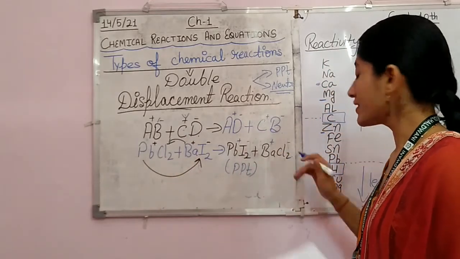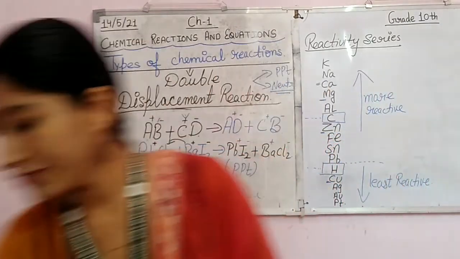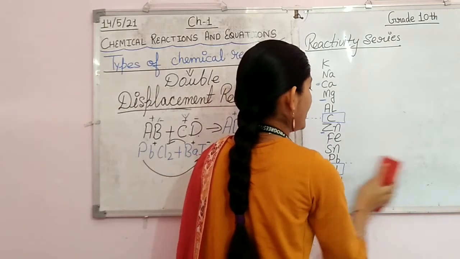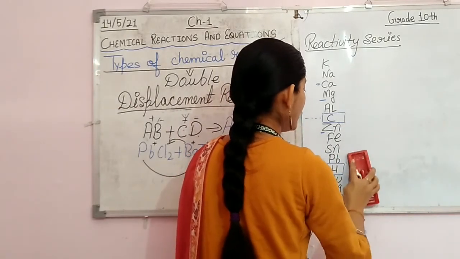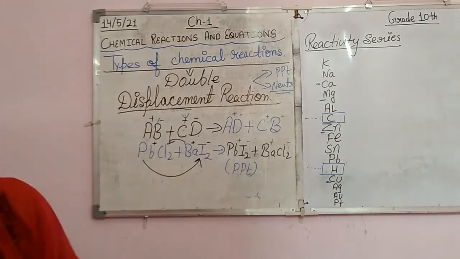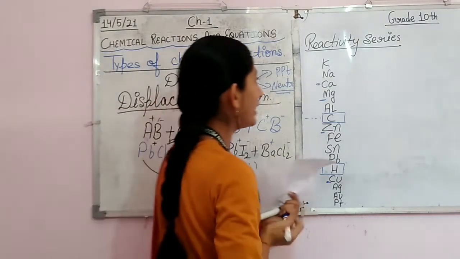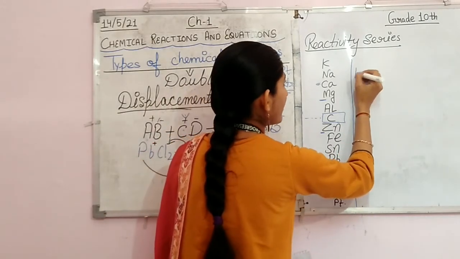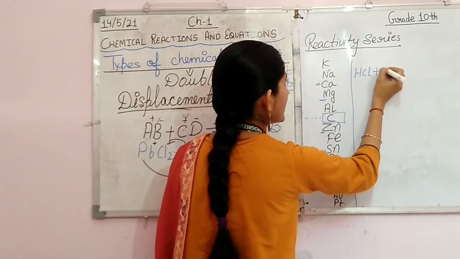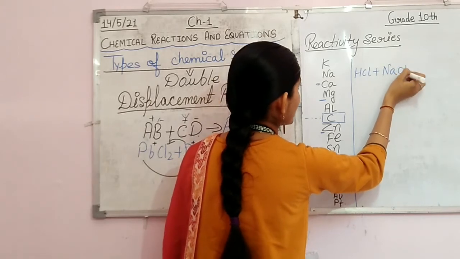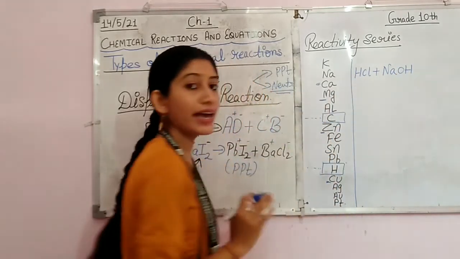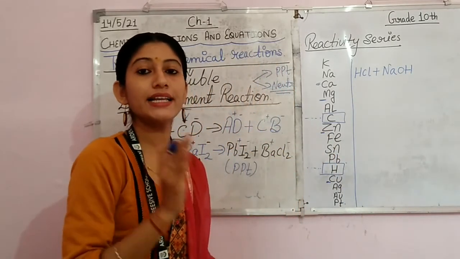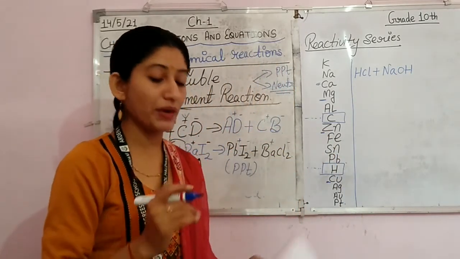In the same way, suppose I have taken hydrogen chloride and sodium hydroxide, HCl plus NaOH. HCl is an acid and NaOH is a base.